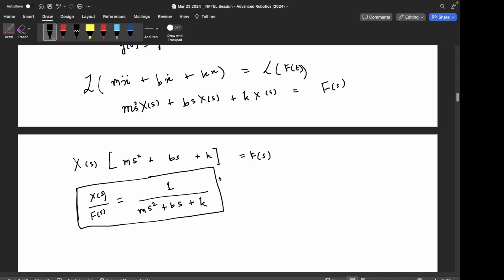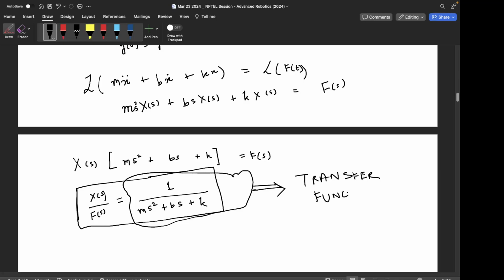And this type of a relation is called the transfer function, right?